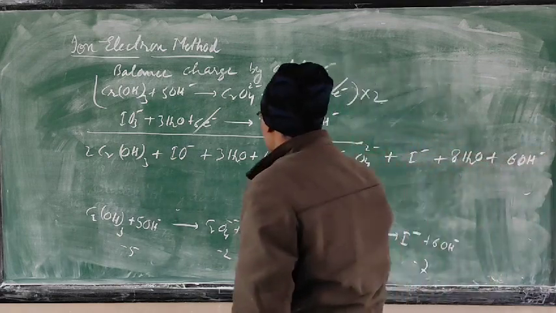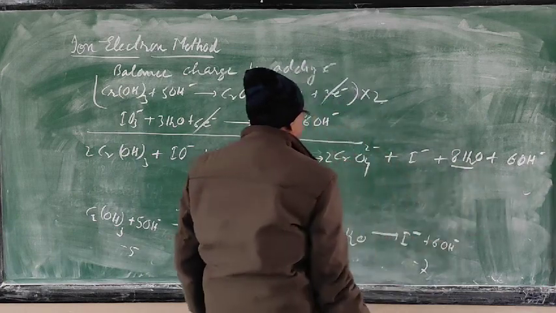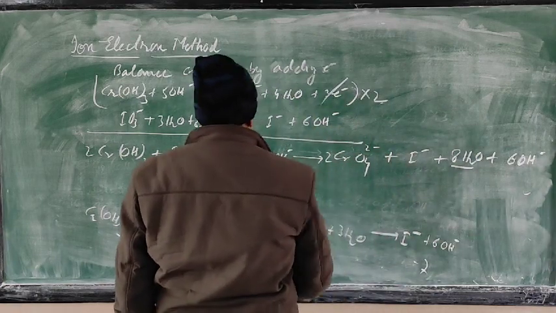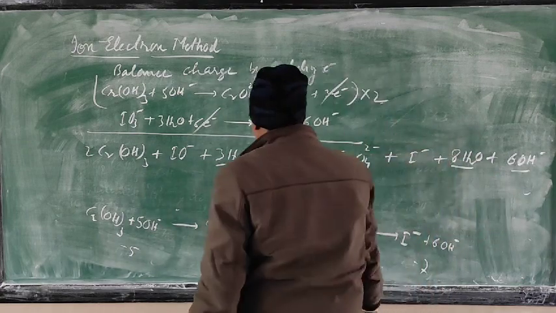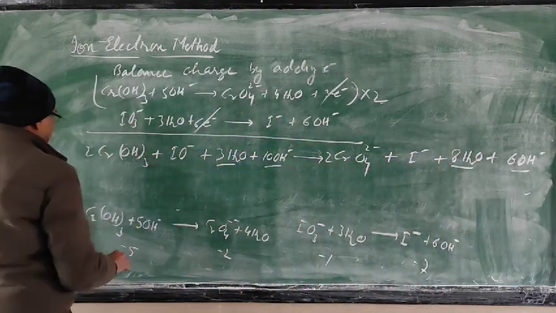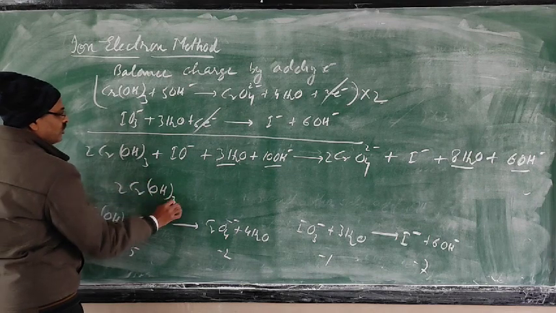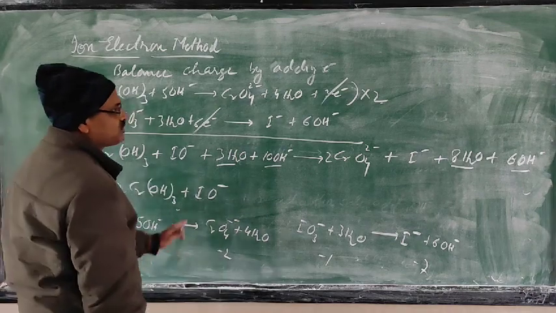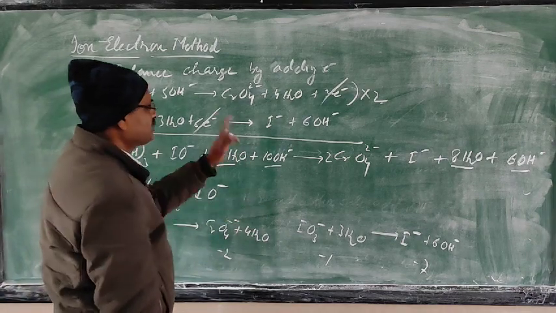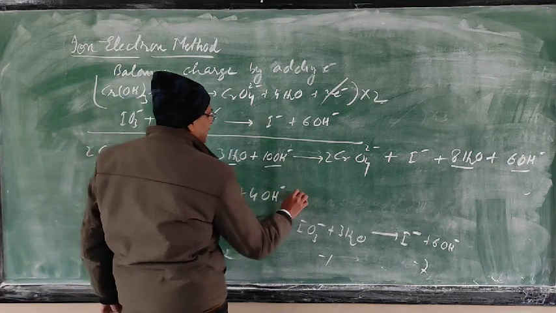Now just to see, water here 3, there 3. So you can take that side, and hydroxyl here 10, that side 6 only. So that you can take this, just like the mathematics. So 2 Cr(OH)3, IO3 negative, 3H2O will go that side, and 6 OH will come here, then 4 OH negative.